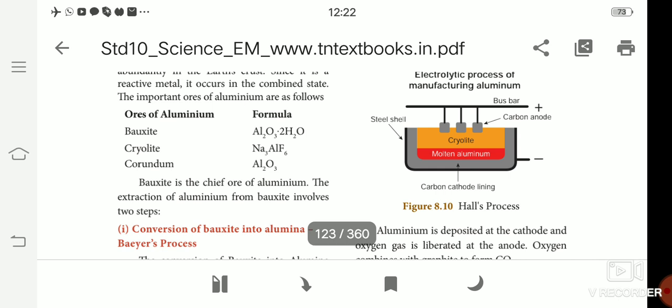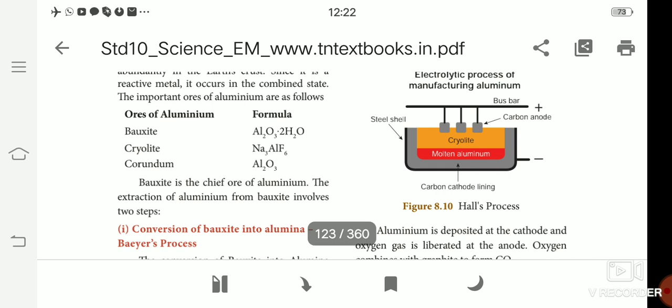The electrolyte is pure alumina with fluorspar and molten cryolite. The temperature is 900 to 950 degrees Celsius, and the voltage used is 5 to 6 volts.